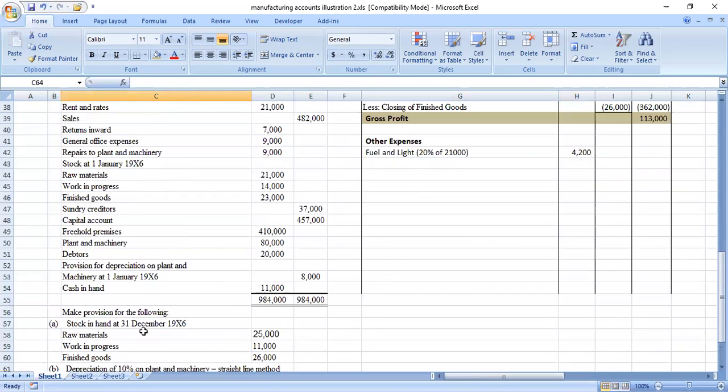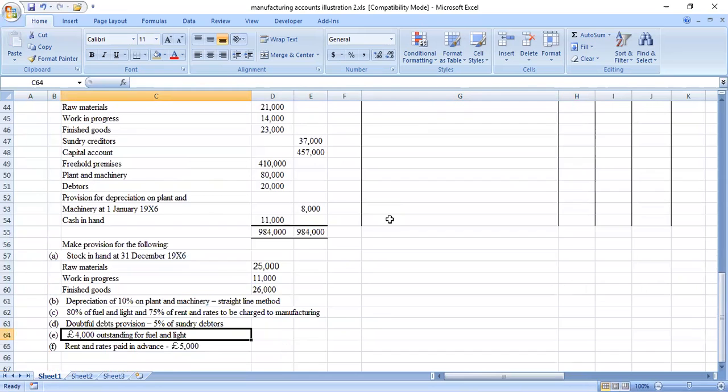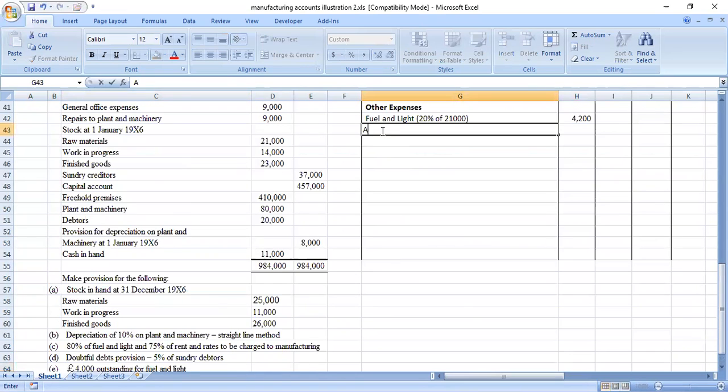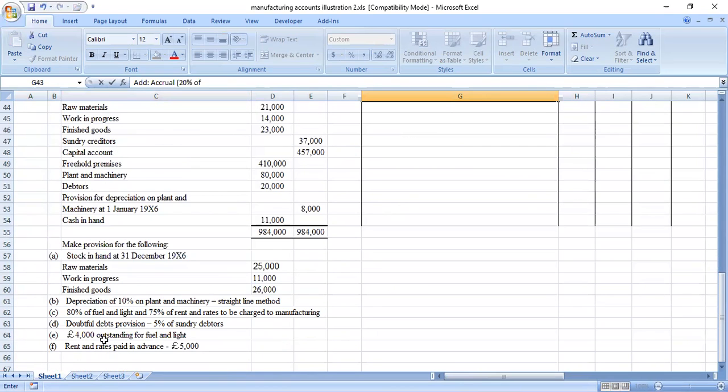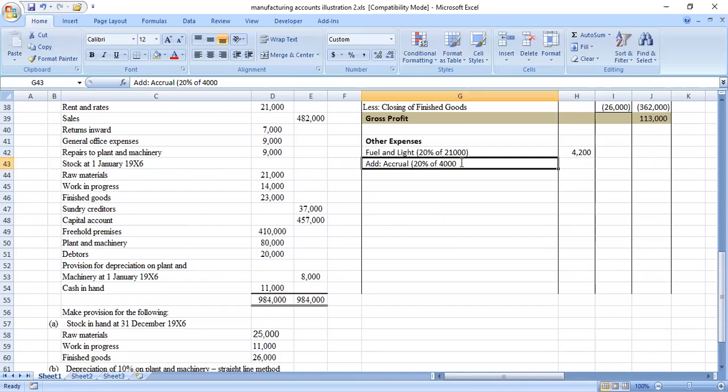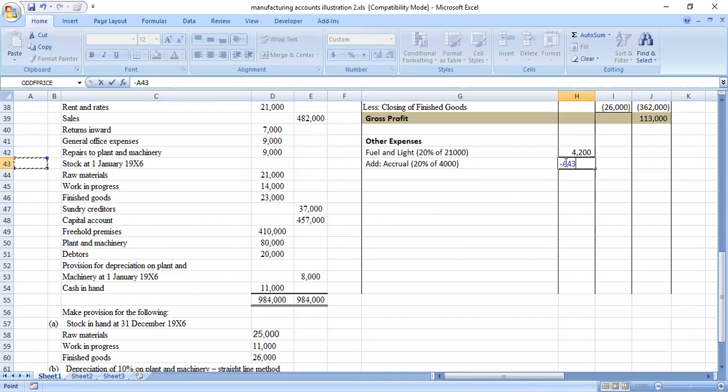Sindio? So we said for accruals and outstanding expenses, we add. So add accrual, that is 20% of 4,000, which is 800.